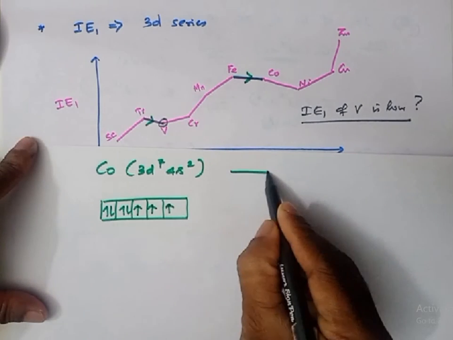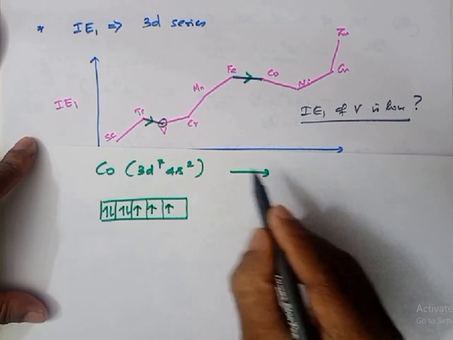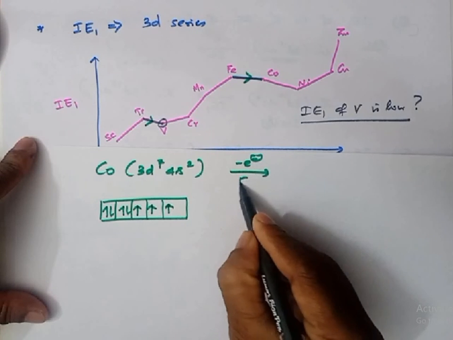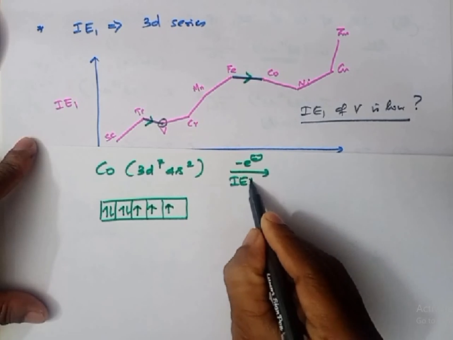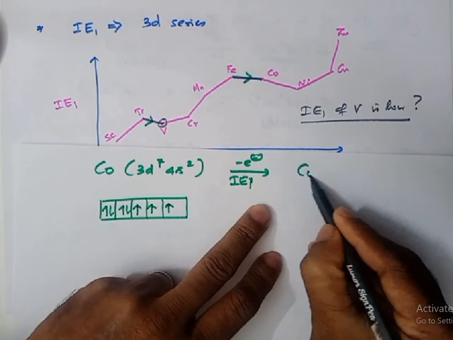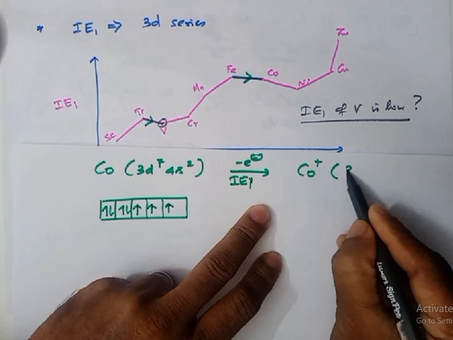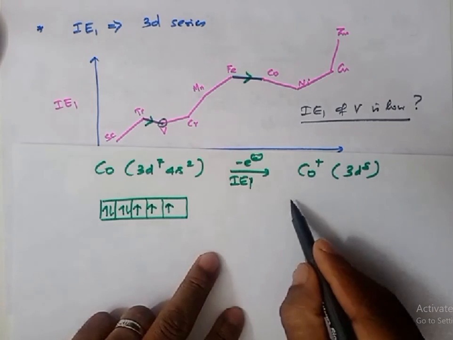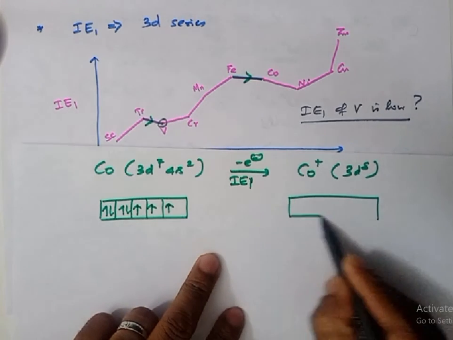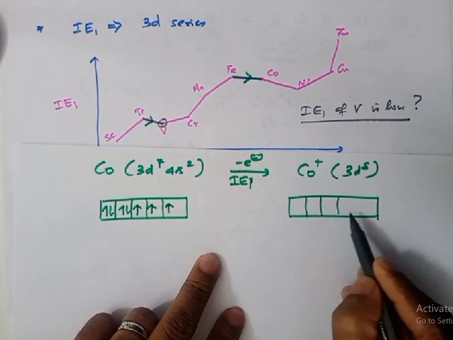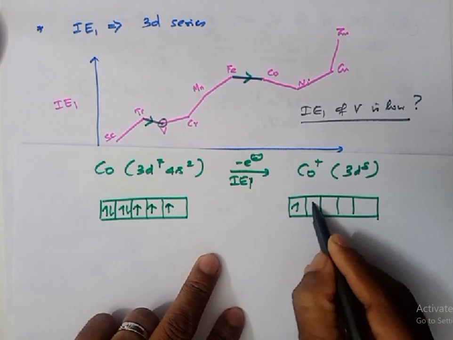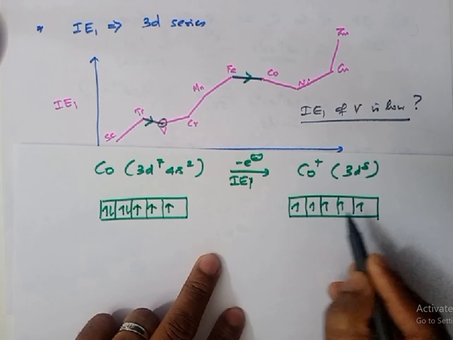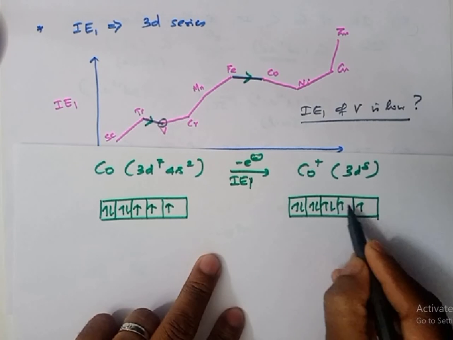But if I remove one electron from cobalt, that energy is called the first ionization energy. I'll get cobalt plus 1. The cobalt plus 1 configuration is 3d8. In 3d8, students, observe carefully, there are 5 orbitals and 8 electrons.